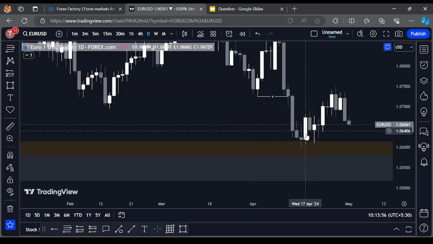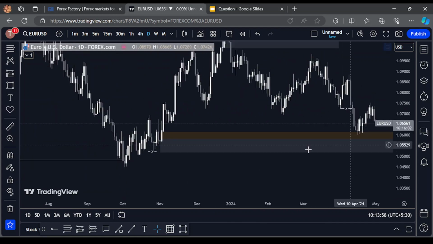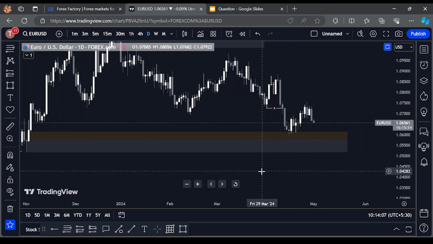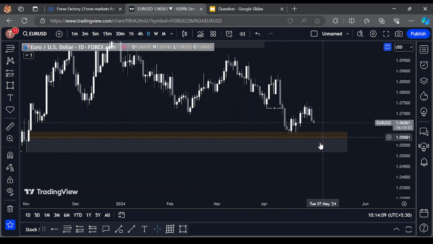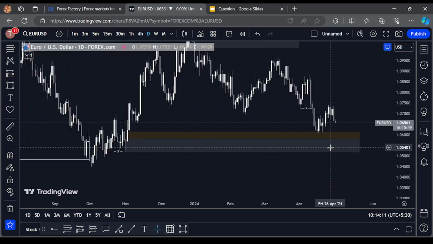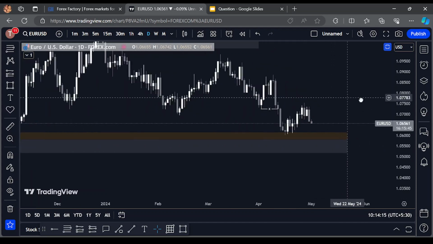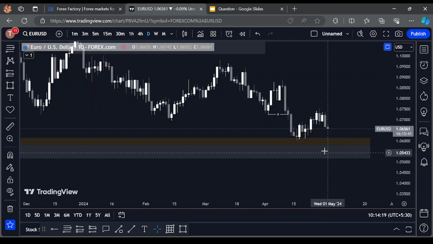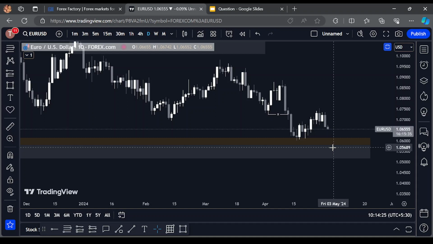So what do we have here is an FVG into the daily levels, and we are also having this unmitigated order block by the market. So I'm anticipating the price to at least reach this order block, which is backed by the weekly unmitigated wick. So I'm anticipating the price to move into the downward direction and mitigate this order block and then move into either side to show the bias of the market.